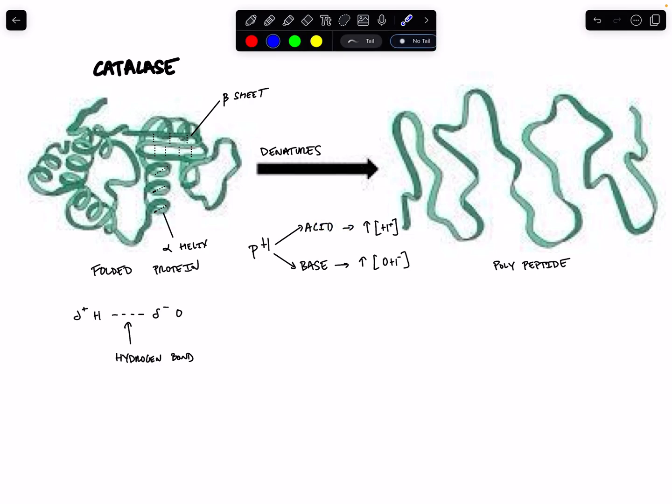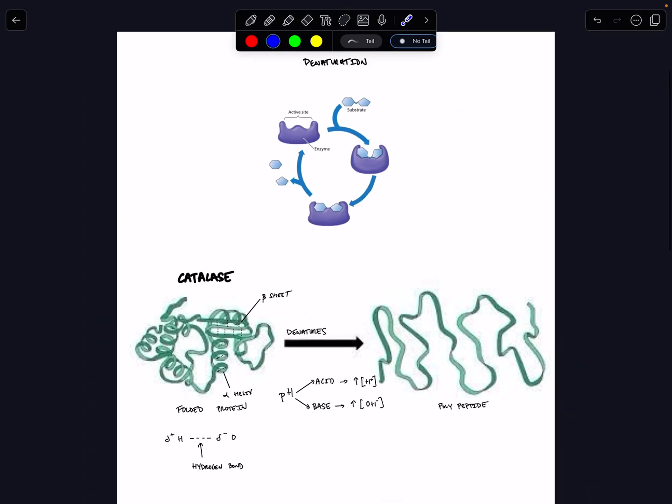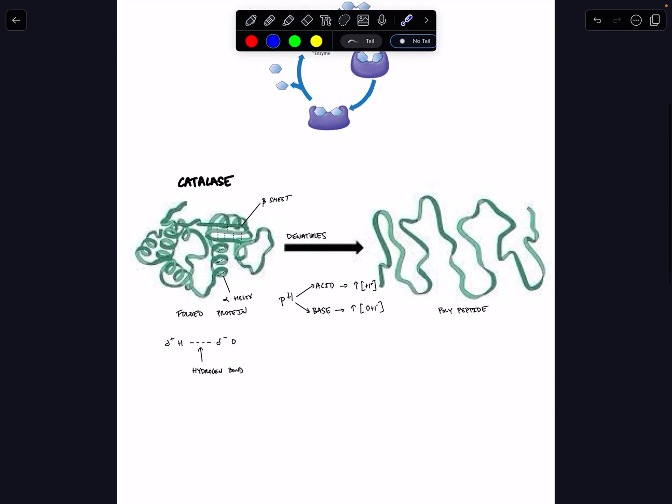So a strong acid, like you saw when we added hydrochloric acid to our solution, we saw the enzyme stopped catalyzing its reaction. It's because it fell apart. The same thing would be true if we added a strong base.